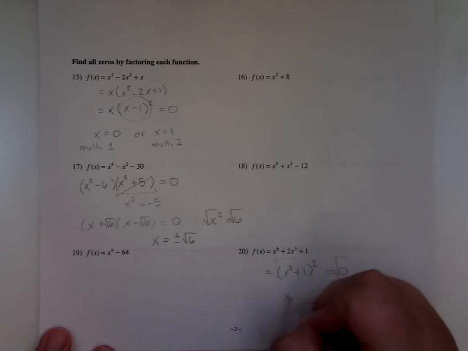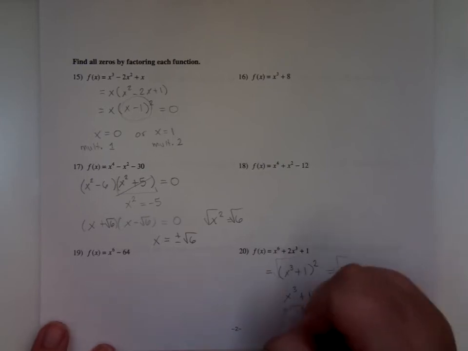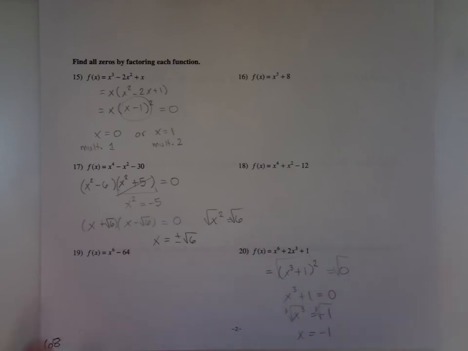We've got x cubed plus 1 equals 0, x cubed equals minus 1, so x equals minus 1 because we take the cube root of both sides, remembering that we can take odd roots of negative numbers but not even ones. So x equals negative 1 is the solution to this.